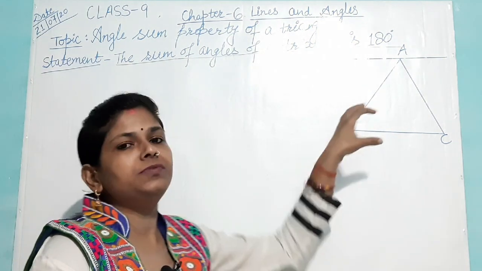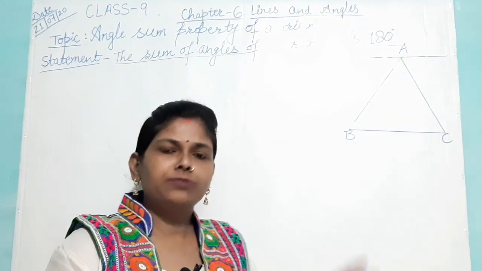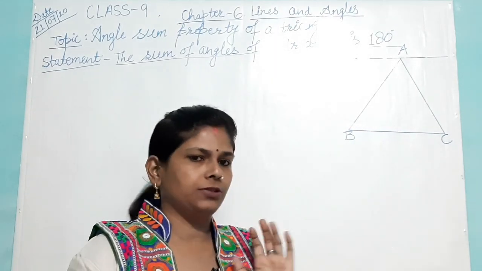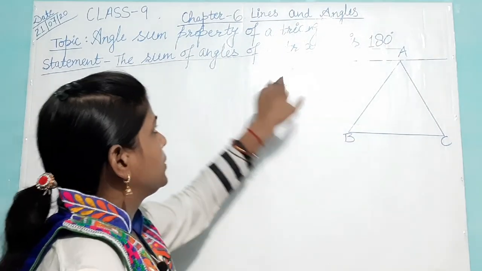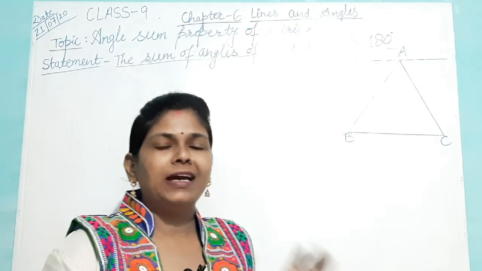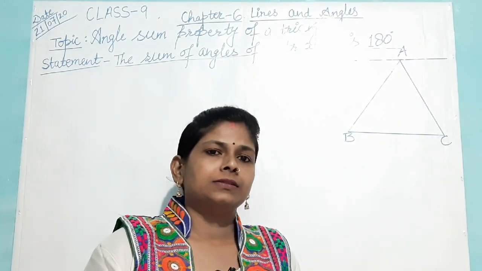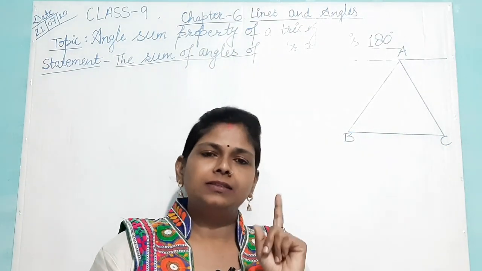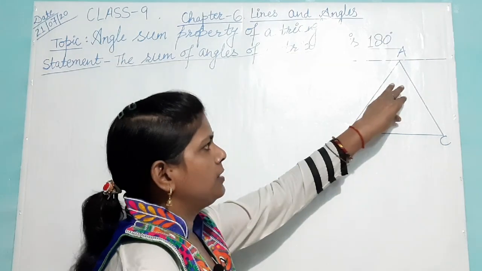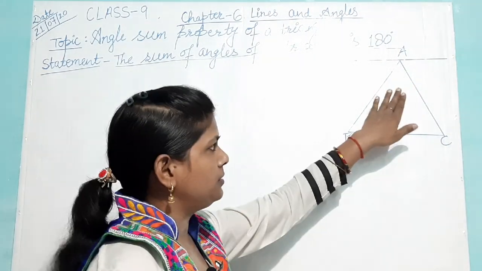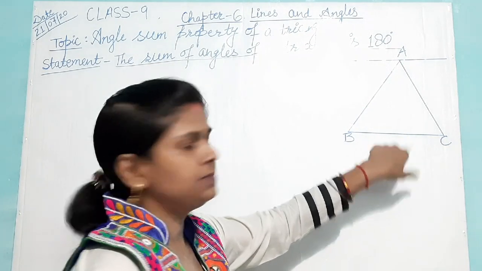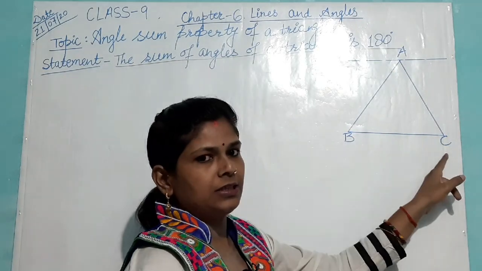We have to prove this theorem. In this video we prove this theorem. Now in this theorem we are given a triangle ABC. Suppose that we draw the figure here. This is a triangle ABC.